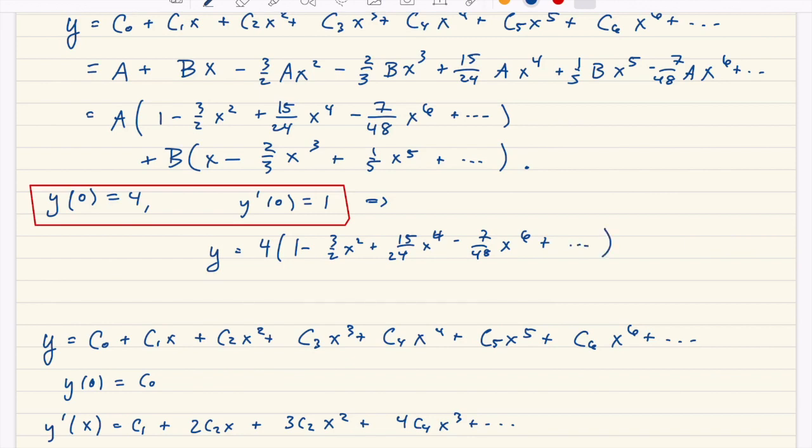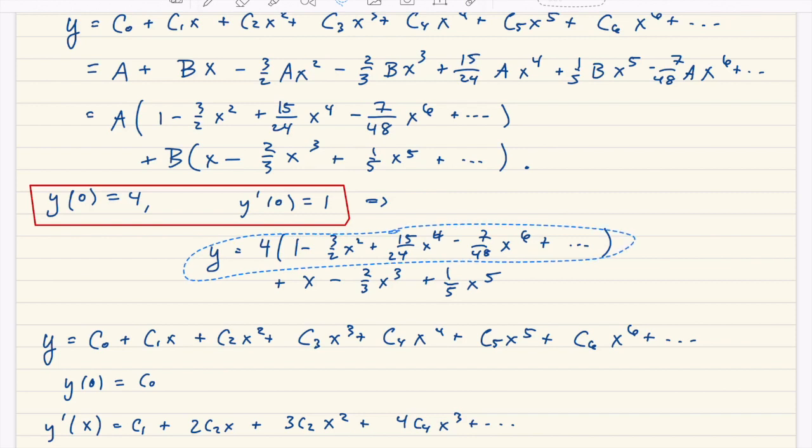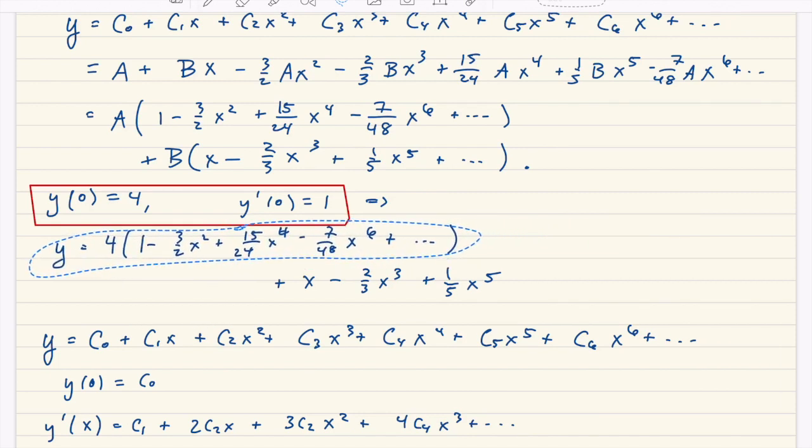If we have 4 being multiplied through, that's what would happen, plus b, which is just 1. In fact, let's not even write it, so it's just plus 1 times x minus 2/3 x cubed plus 1/5 x to the fifth, and so on.